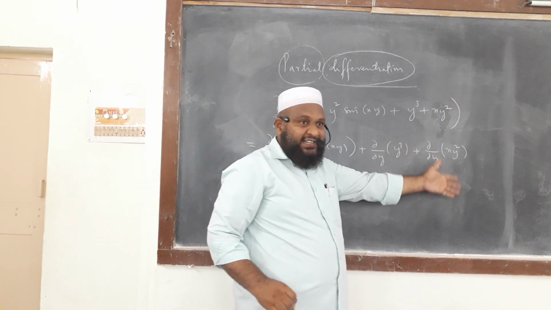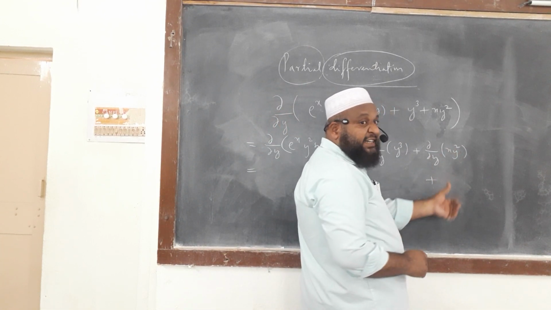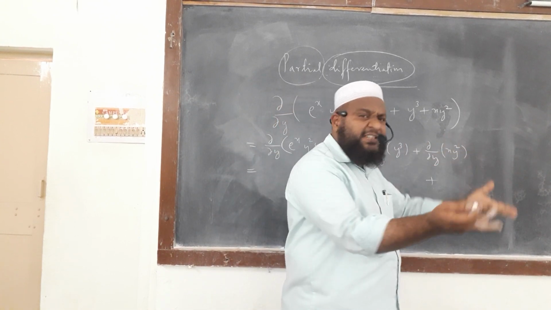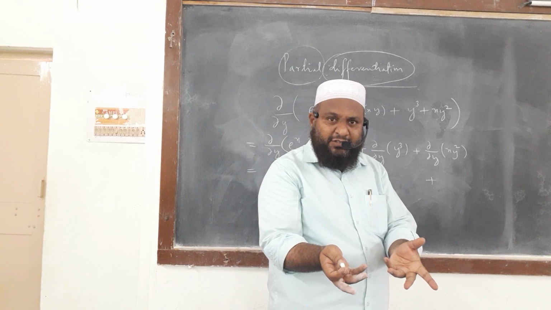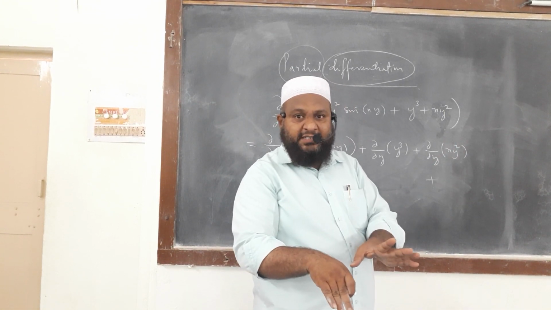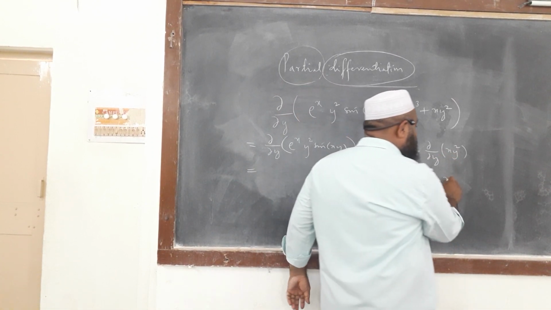What about this one? Let us handle that first. With respect to y, x is constant. It is like 4y square, 5y square, 10y square. So it is xy square. So if it is 4y square, 4 will be kept as it is. Because it is xy square with respect to y, that x is constant, that x is kept as it is.